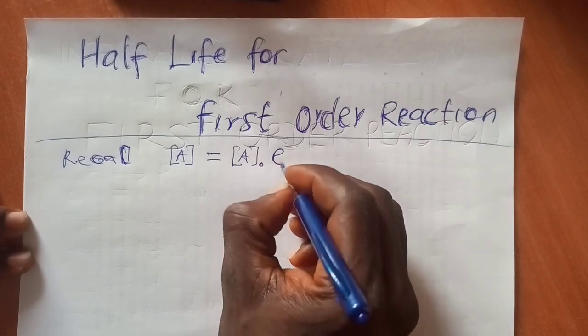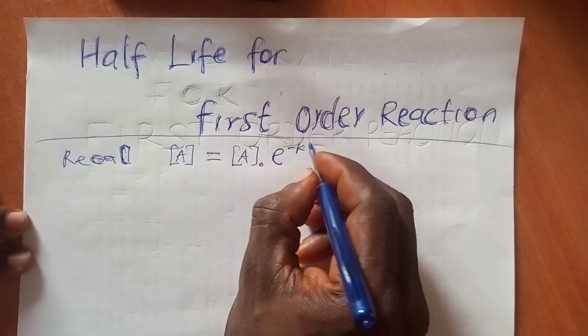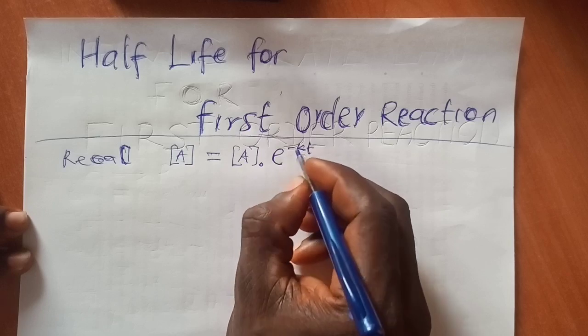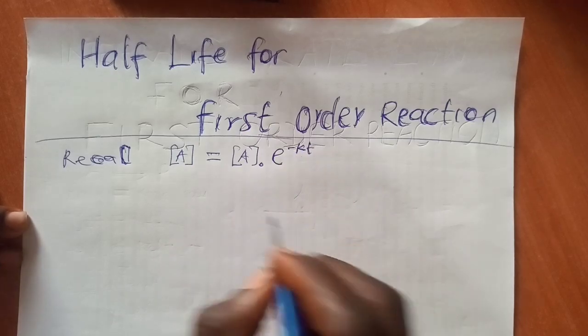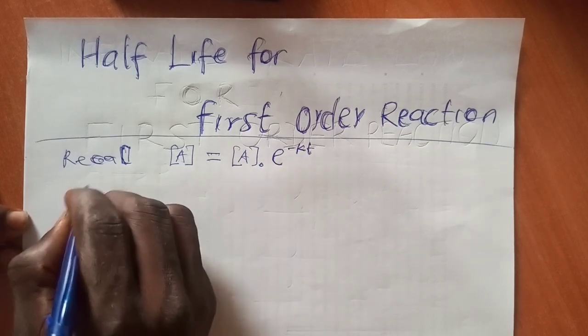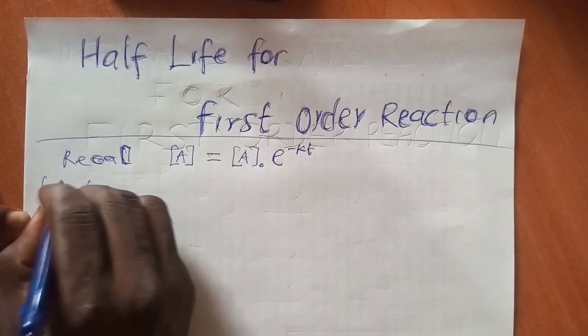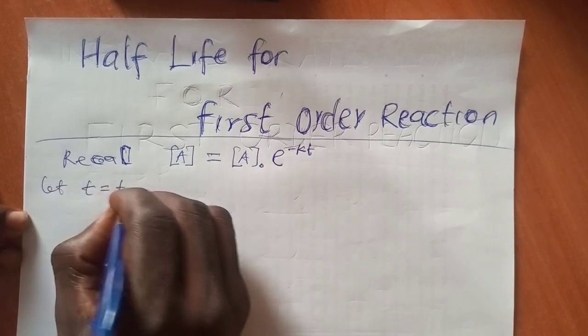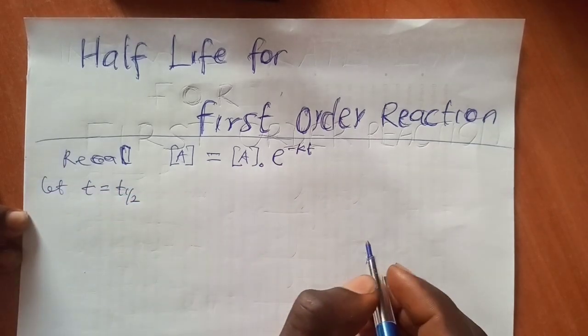I believe you can still remember this formula, just the same formula I derived just now. So if I say this, let t be equal to the half-life. Do you understand?